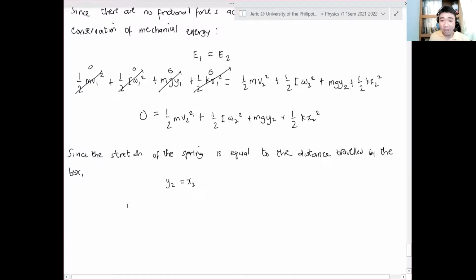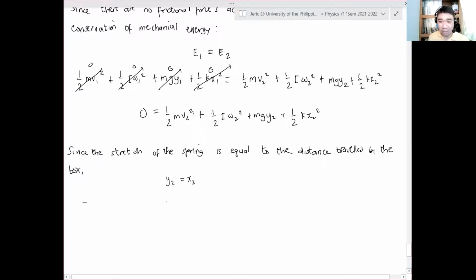And hence, we can simplify this as 0 equals 1/2 m v2 squared plus 1/2 I omega 2 squared plus m g, I'll just write x2 as y2, so plus m g y2 plus 1/2 k y2 squared. I'll just write this as equation 2.